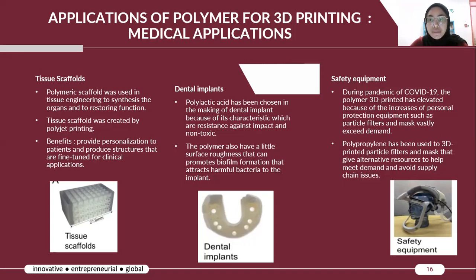Polypropylene has been used to 3D print particle filters and masks that give alternative resources to help meet demand and avoid supply chain issues. So this is the picture of safety equipment.